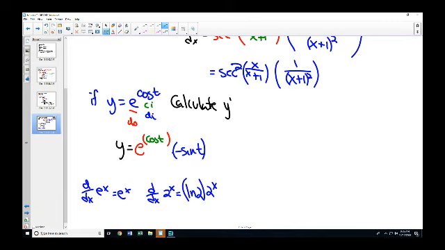Natural log of e is 1. That's why we don't have anything out front. They're both exponentials, right? But the natural log of e is 1. So ln e times e to the x, ln 2 times 2 to the x. They're the same thing. You just have a 1 there.